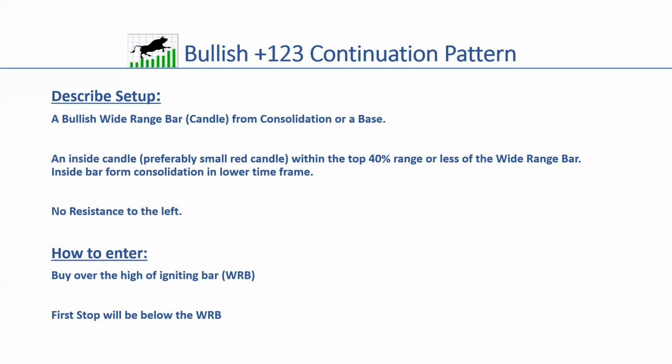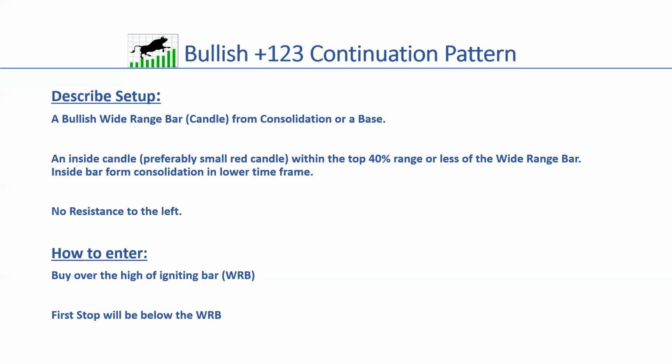Right? After entry, the second important question is where we should place the stop. The stop should be below the WRB, or we can also place the stop at the recent lower high.